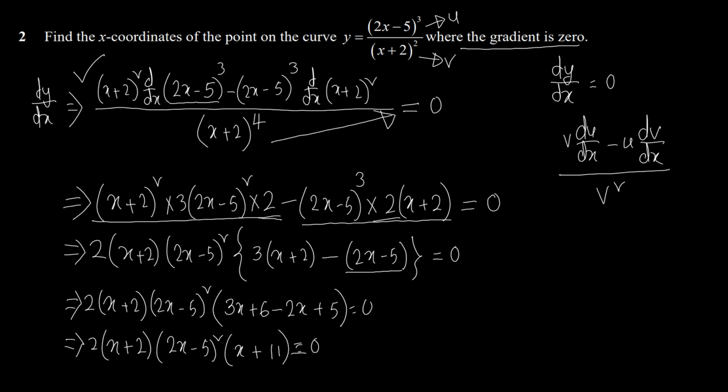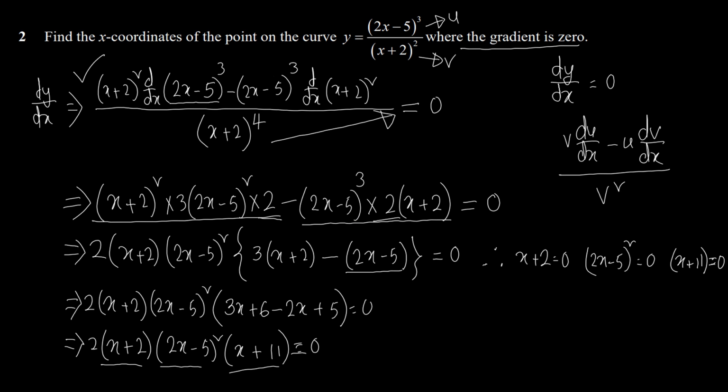Now it's easy to find the answer the way we did the previous equation. Three factors are there. Consider each individually equal to 0: x plus 2 equals 0, then (2x minus 5) squared equals 0, and x plus 11 equals 0.